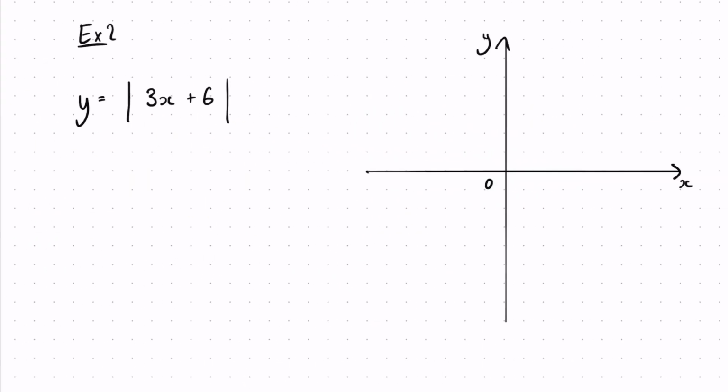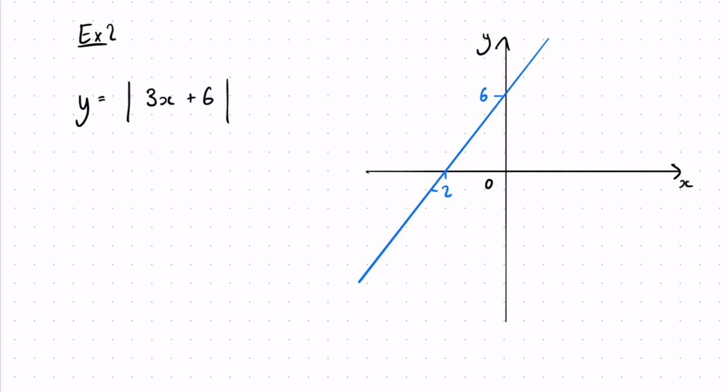y equals 3x plus 6. The standard graph for it would cross the y-axis at 6 and the x-axis at minus 2, and it would look a little something like that. Bad drawing, let's try that again. A little something like that.